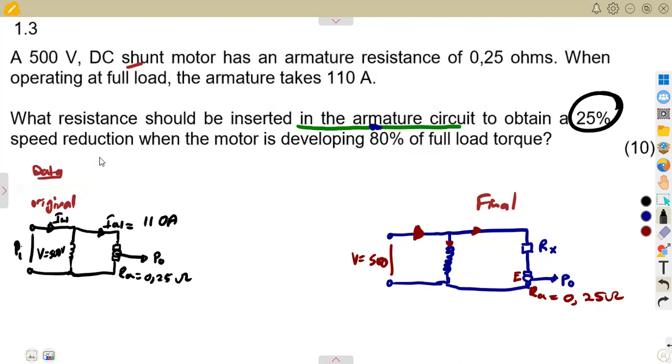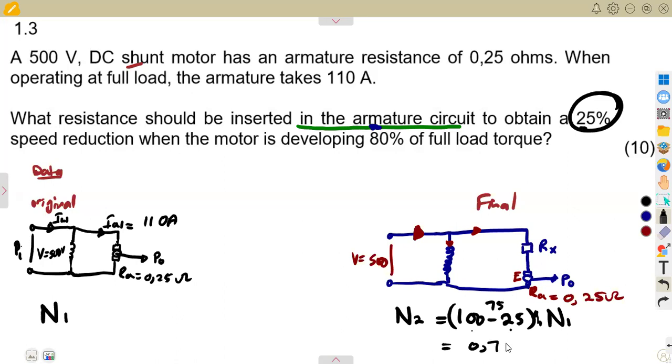The original speed we do not know. But on the final consideration, the speed, which is N2, is going to reduce by 25%. So that means it is going to be 100 minus 25% of the speed 1 that we are given before. So 100 minus 25 is 75%, and 75% as a decimal is 0.75 of N1.